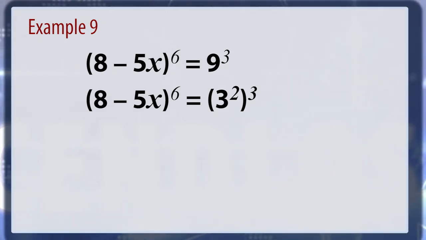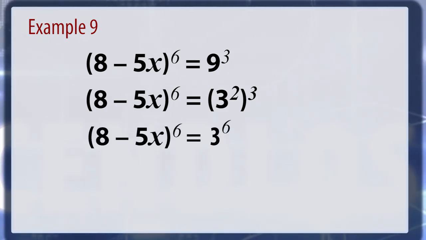Now then, the question becomes 8 minus 5x raised to the power 6 is equal to 3 raised to the power 6. I'm sure you can see why we are getting 6. We are using the law of power of powers. We have to multiply our powers.